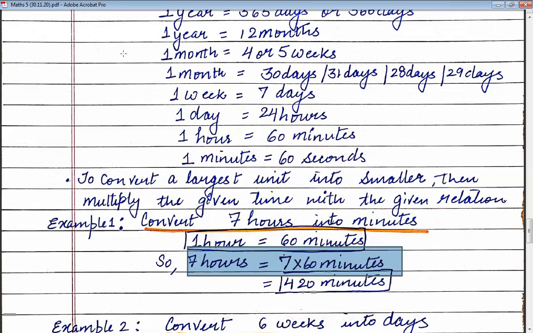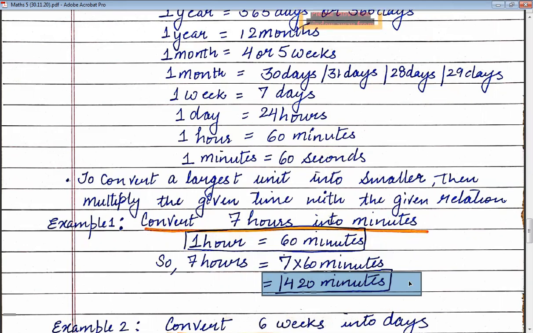You will multiply 7 with 60, and whatever answer comes, that will be your minutes. So 7 into 60 is 420 minutes. So 7 hours is equal to 420 minutes.